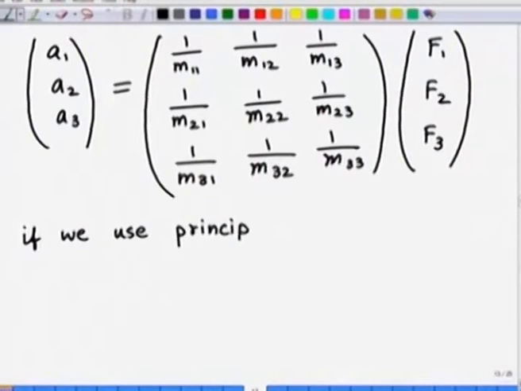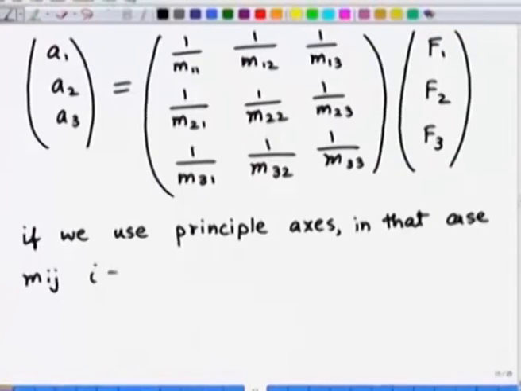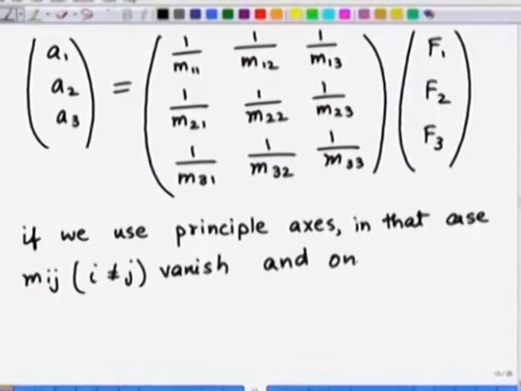If we use principal axis, in that case Mij for i not equal to j vanish, and only Mii survives. That means only the diagonal components survive if I choose the principal axis. In fact, that is the definition of principal axis.